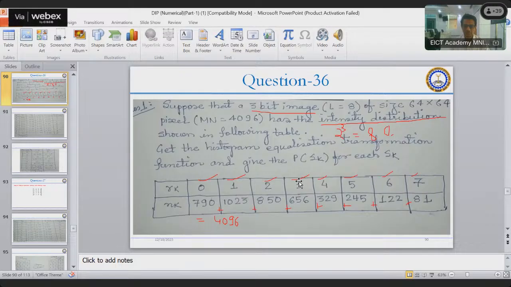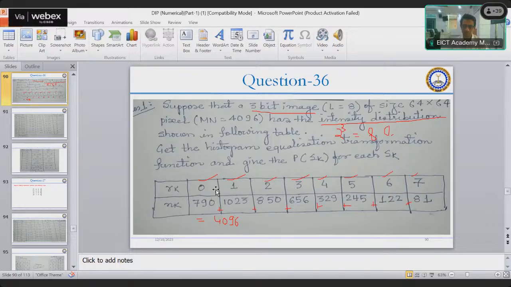Why, Shruti? Sojan is saying we can apply histogram stretching. I need more opinions to have clarity on this question.